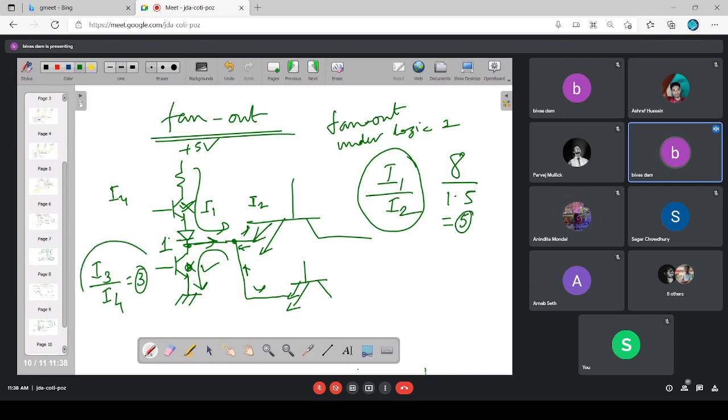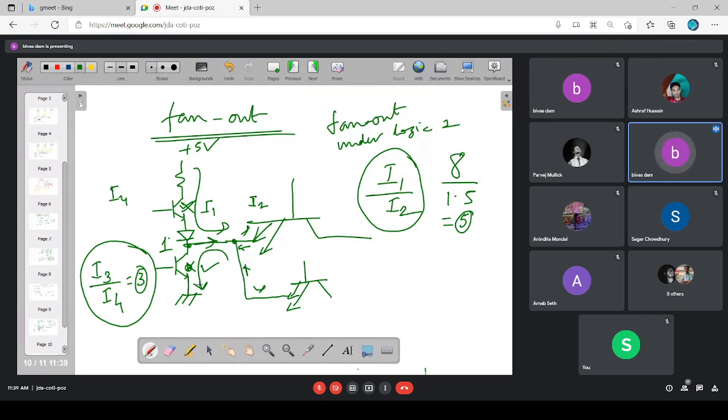When your output is sinking, the amount of current that needs to be sunk is beyond its capability, because 5 such input devices may start giving you that forward bias current, and that may not be accommodated by this output device. So the minimum of these two should be the fan out of the device.